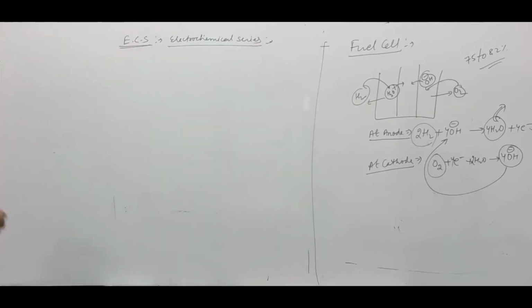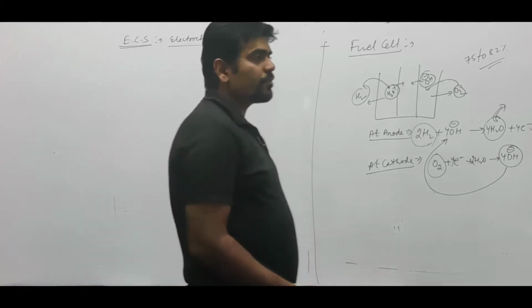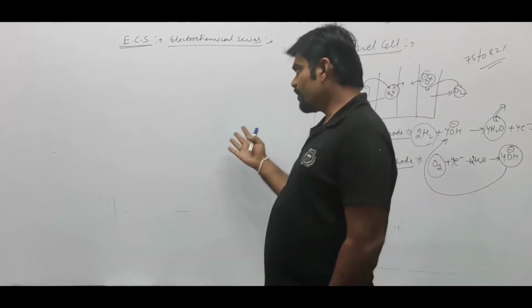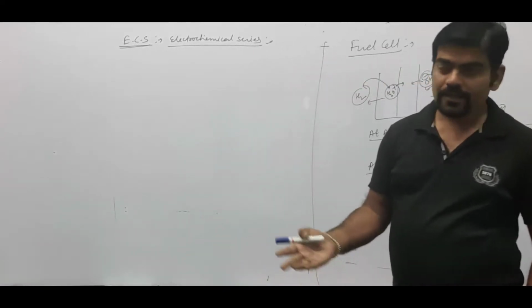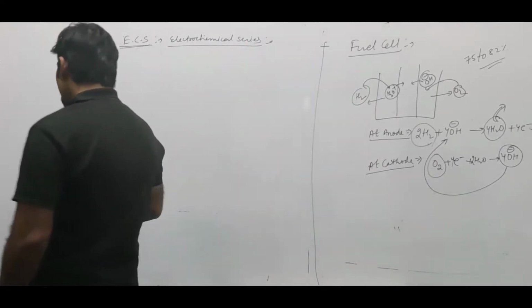When different metals and non-metals are arranged in order of increasing reduction potential or decreasing oxidation potential, then a series of such substances is obtained, which is known as the electrochemical series.